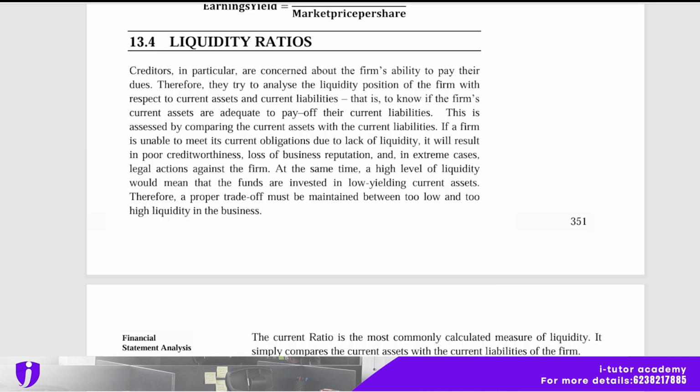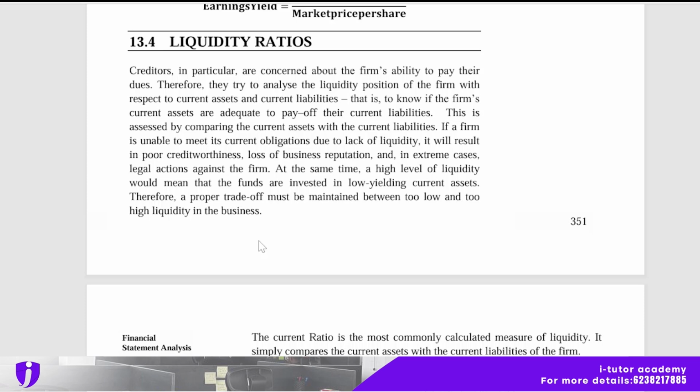If a firm is unable to meet its current obligations due to lack of liquidity, it will result in poor creditworthiness, loss of business reputation, and in extreme cases legal action against the firm. At the same time, a high level of liquidity would mean that the funds are invested in low-yielding current assets. Therefore, a proper trade-off must be maintained between too low and too high liquidity in the business.